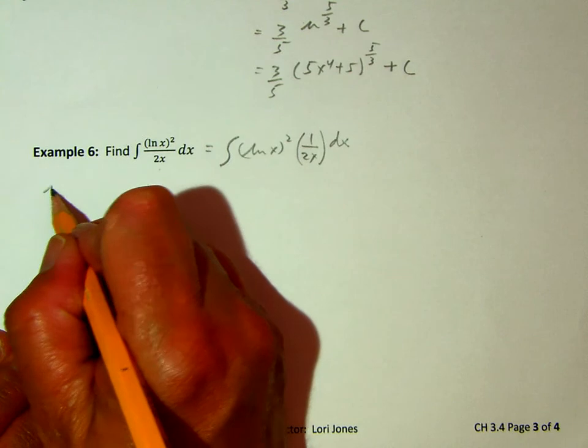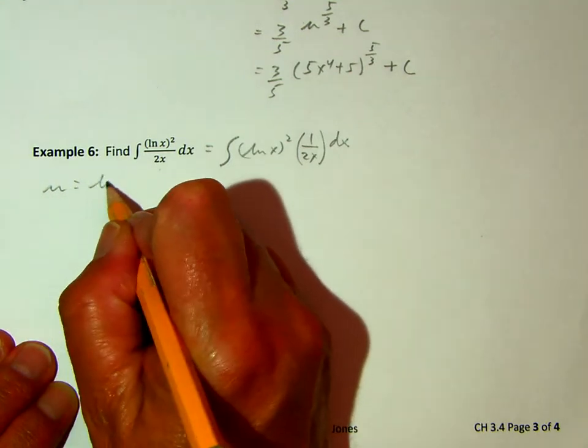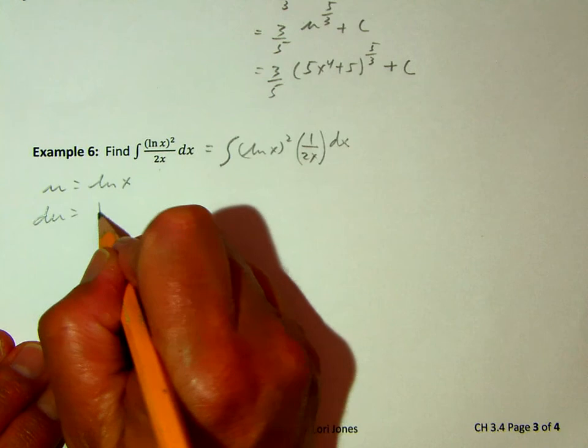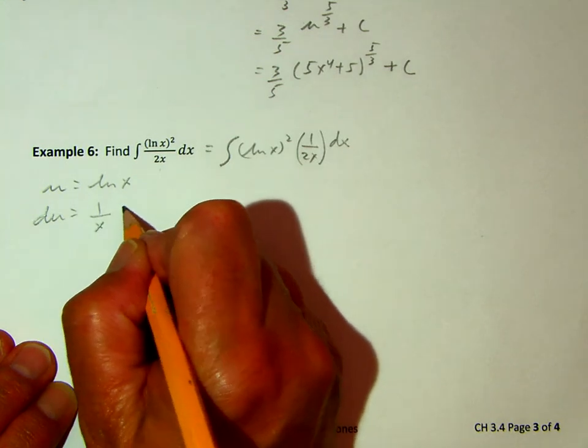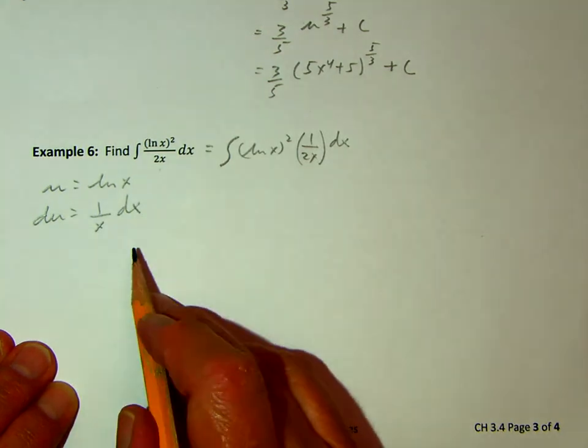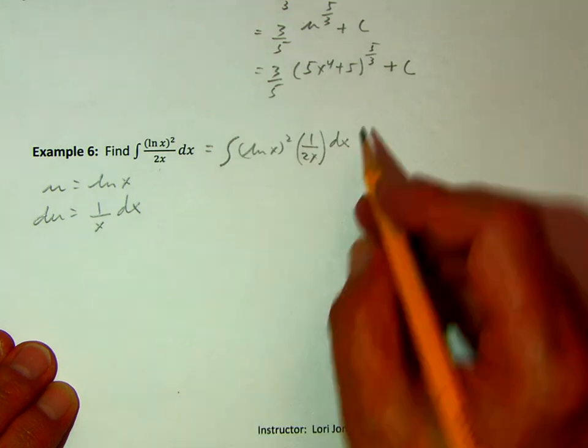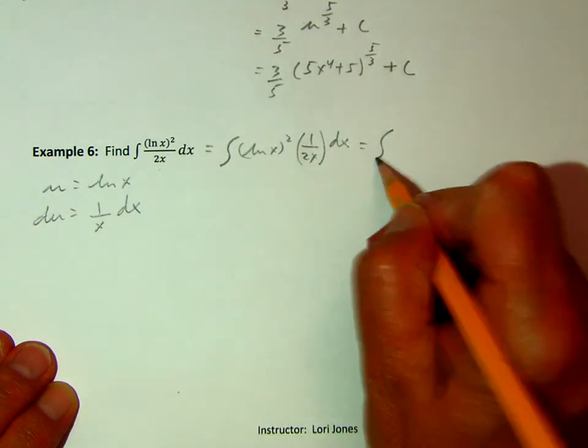So if I let u be the natural log of x, then du would be 1 over x dx.